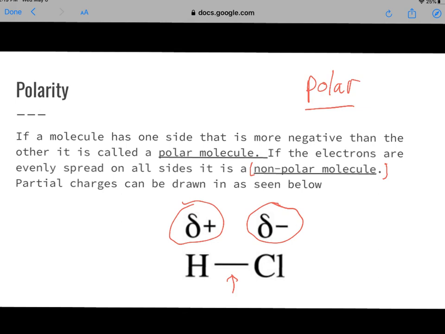So HCl we would call a polar molecule because the hydrogen side is kind of positive and the chlorine side is kind of negative. This little symbol here just means partial. So if I write this, that means it's partially positive. It doesn't fully not have the electrons, but it has less of them, so it's kind of positive.